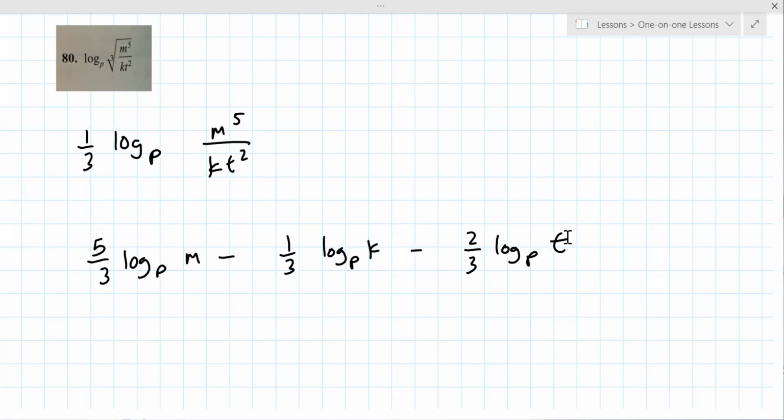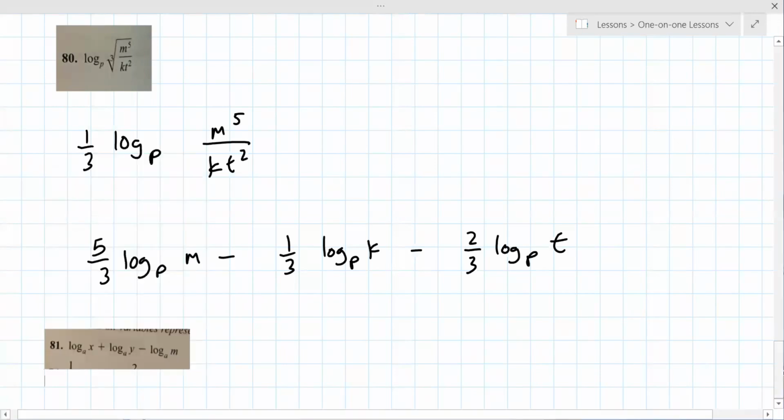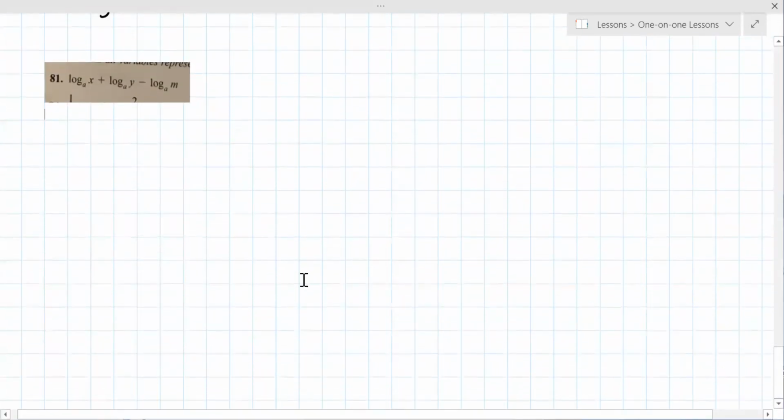All right, next on to number 81. So these are going backwards. If the previous ones are going forwards, you're compressing these and you're writing them as a single log. What I said last is really important: your final answer will have only one logarithm, a single log expression in it. So it's using the rules in reverse.